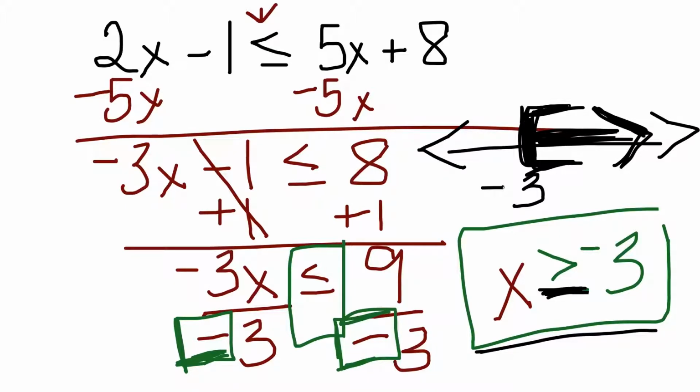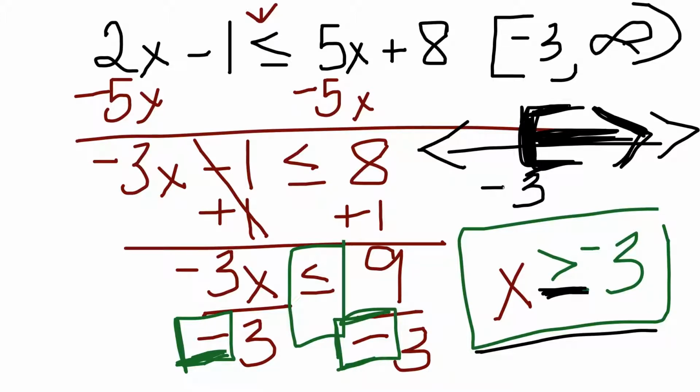And then if I were to put that in interval notation, it would look like bracket negative 3, comma, infinity, parentheses. And this is saying that x can be anything from negative 3 all the way to infinity, including negative 3. So it's important to understand that that bracket is indicating that x could also be equal to negative 3.